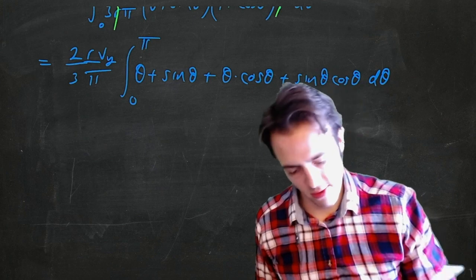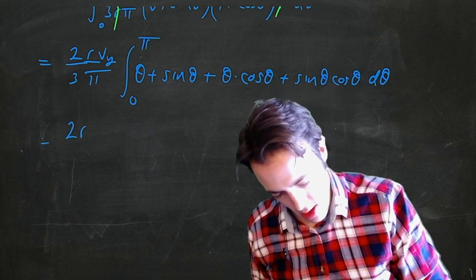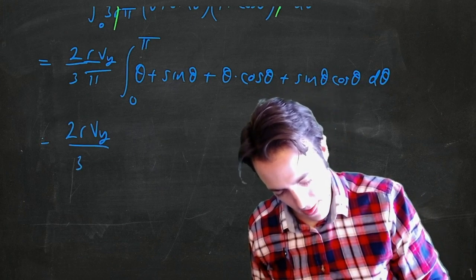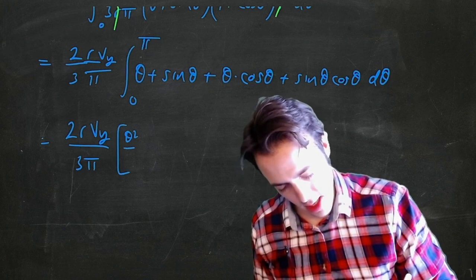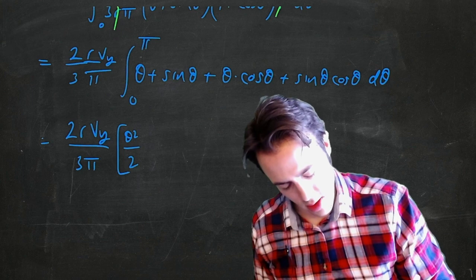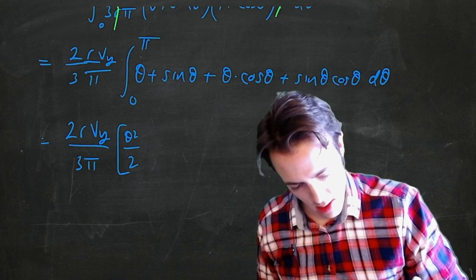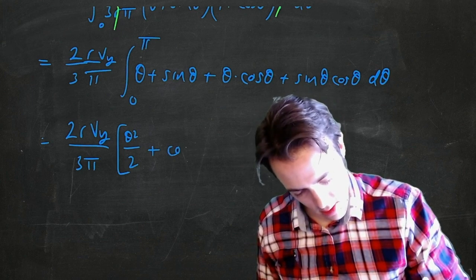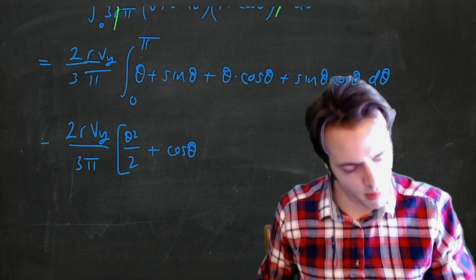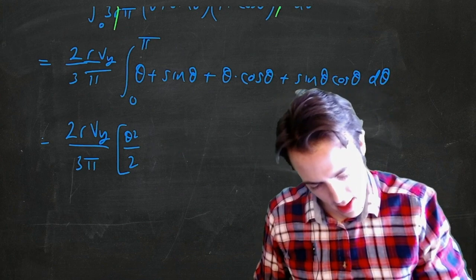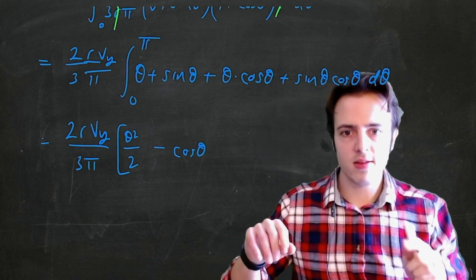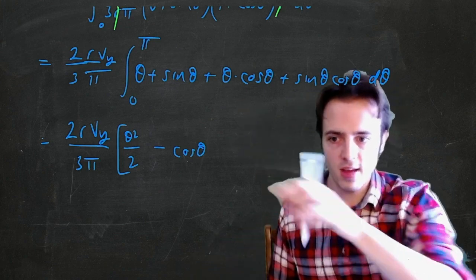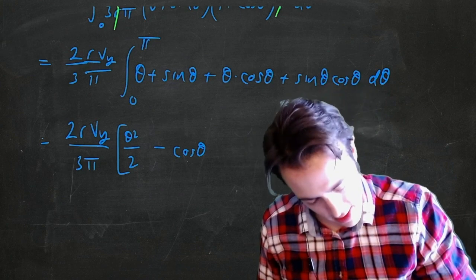But we can do the integral here, and we can then just say that we've got 2r Vy divided by 3 pi. This first one's simple, that's theta squared on 2. Plus cosine theta. Sorry, no, it's not. It's going to be minus cosine theta. This theta cosine theta becomes theta sine theta plus cosine theta.